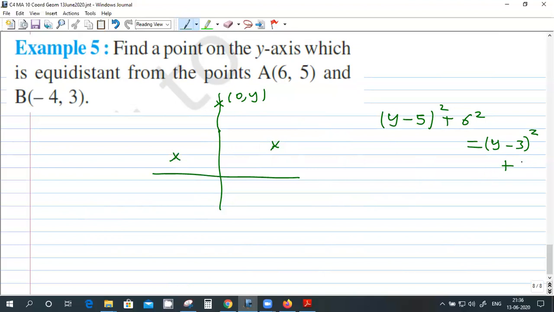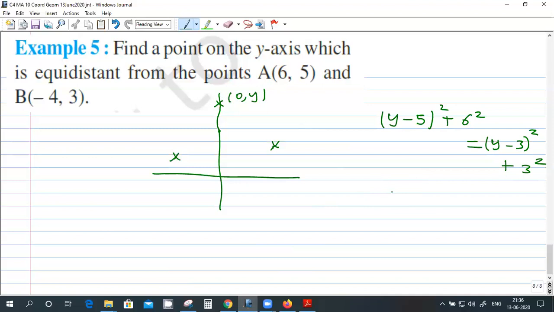Okay, minus 6, the whole square, right? It doesn't matter. The negative sign will go when you square.